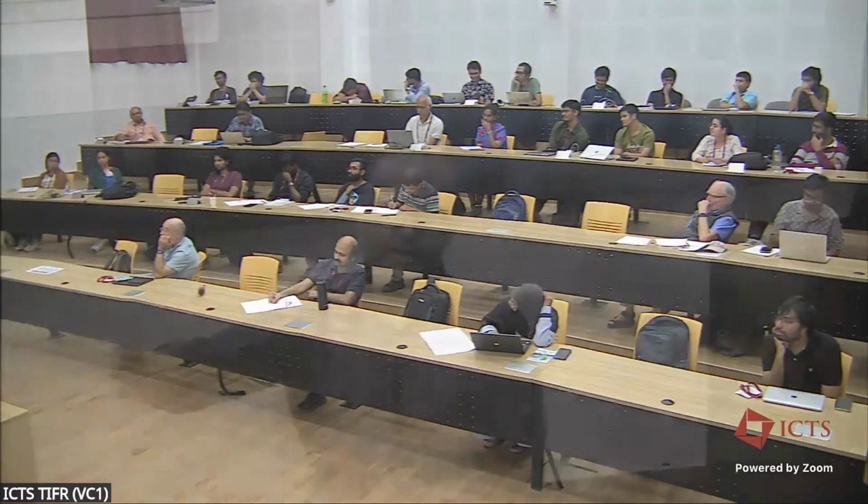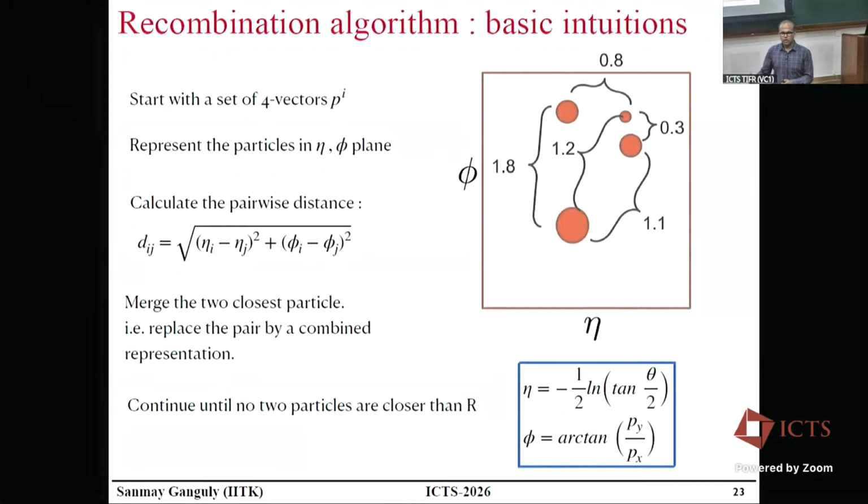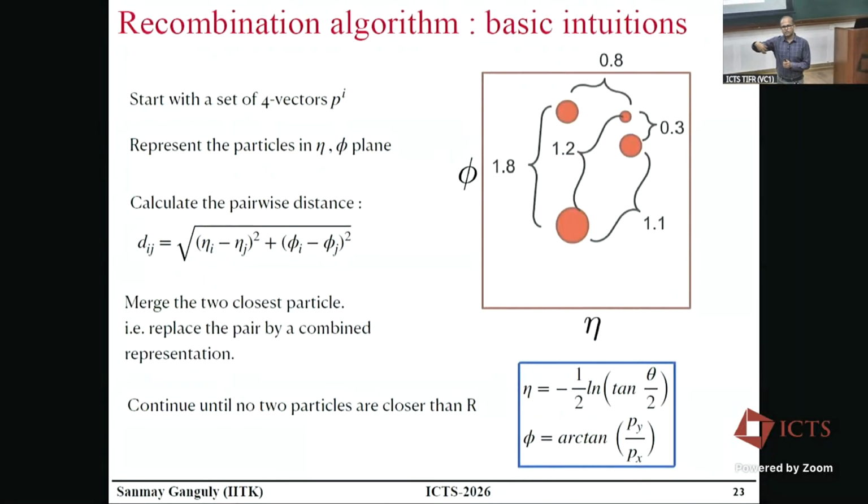Delta R is a number which tells you that if a particle is flying in one direction, at a fixed eta-phi, what is the opening angle of a cone around that particle, taking the initial direction as the axis of that cone.